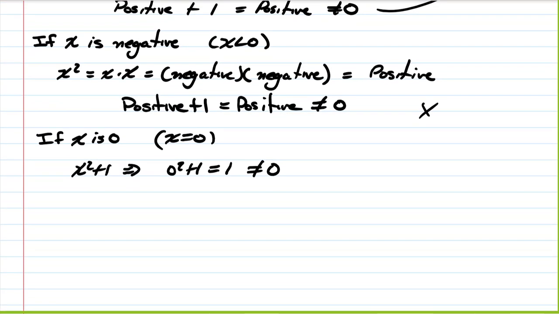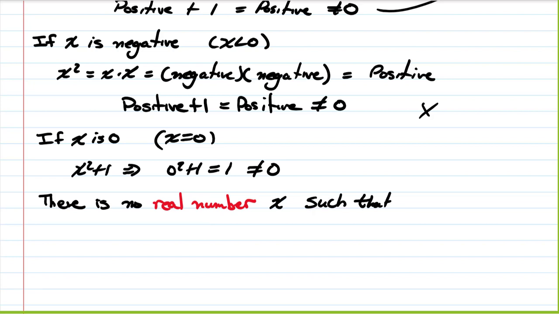And we see that for this equation, we have the following predicament. There is no real number x such that x squared plus 1 is equal to 0.